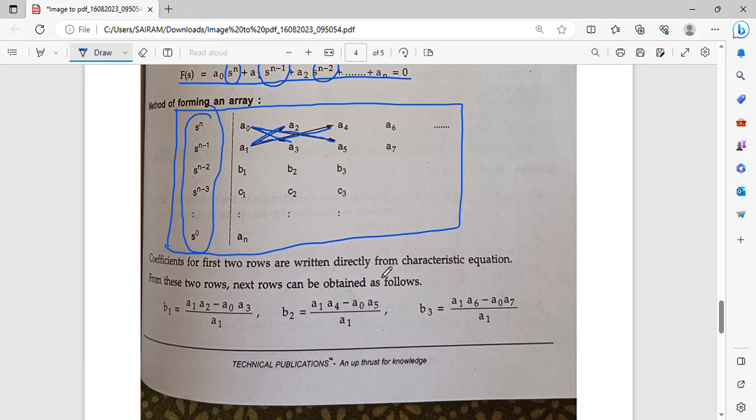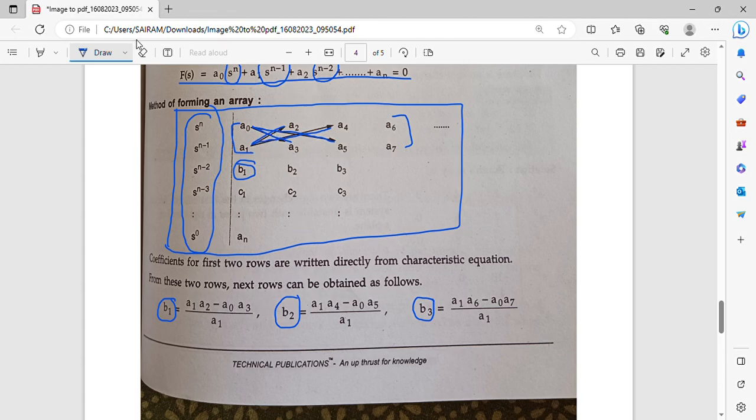The resultants come from a1 a2 minus a0 a3.